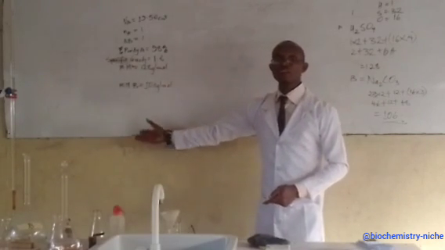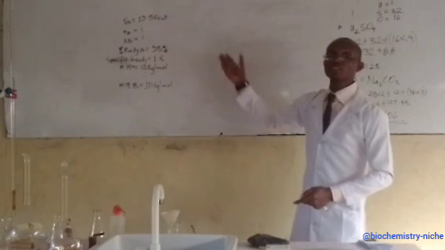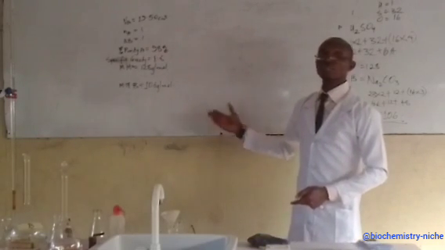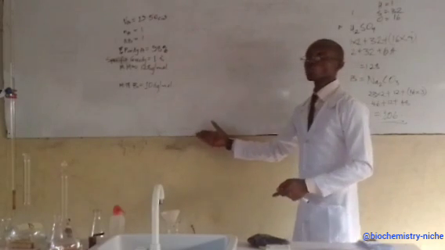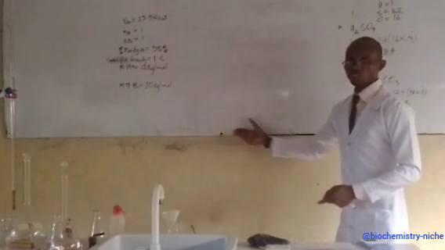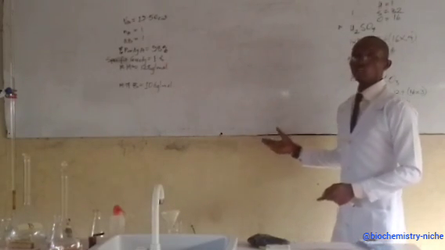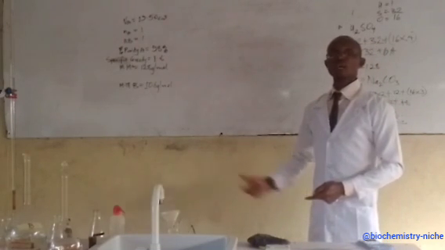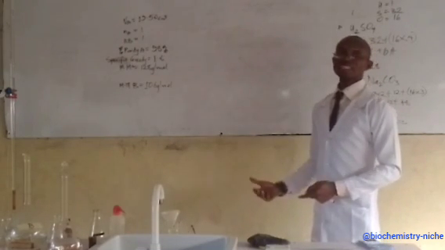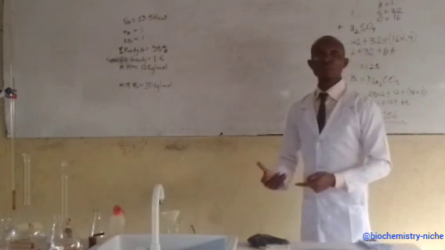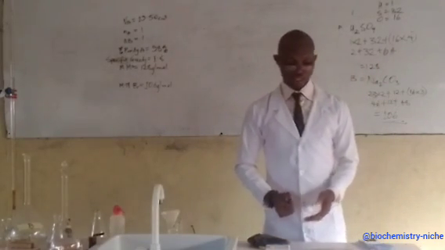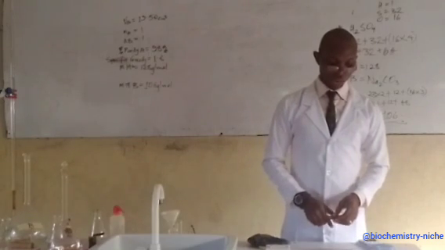From our first, second and third titre values, we got 19.5, 19.5, 19.5, and we use those three because they are in concordance with one another, and they do not have more than 0.2 difference to one another. So that gave us 19.5 as our average volume of acid used. So that is number one.